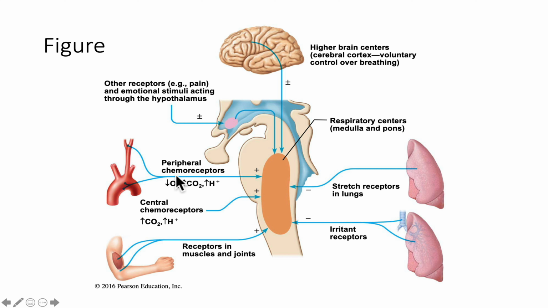So it could be peripheral chemoreceptors, central chemoreceptors, receptors in muscles and joints, irritants that we spoke about earlier, stretch receptors in the lungs, or again, it could be coming from higher brain centers. Okay, so again, your thoughts that you may be experiencing or stimulus to pain, all of these will end up triggering the respiratory centers, and then your breathing gets affected.